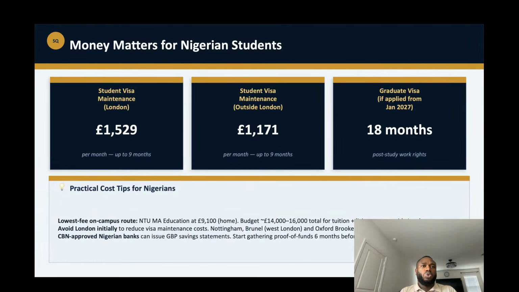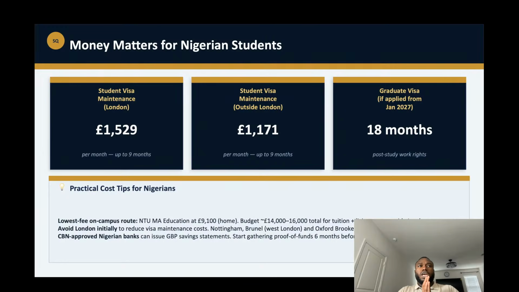Now, also something to look out for is that most students, when they reach out to us, are mostly concerned about tuition deposit. They say, oh, I'm looking for a school that has a lower tuition deposit, about £3,000, as if that is all that matters. You don't want to apply to a school with, let's say, a £20,000 tuition for a year, but a £3,000 tuition deposit, as against a school with a tuition of £16,000, but a £5,000 tuition deposit.